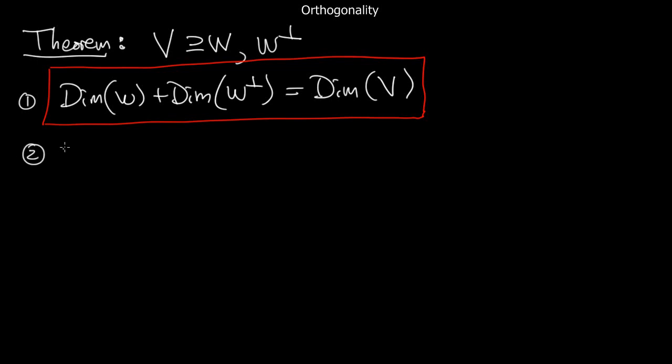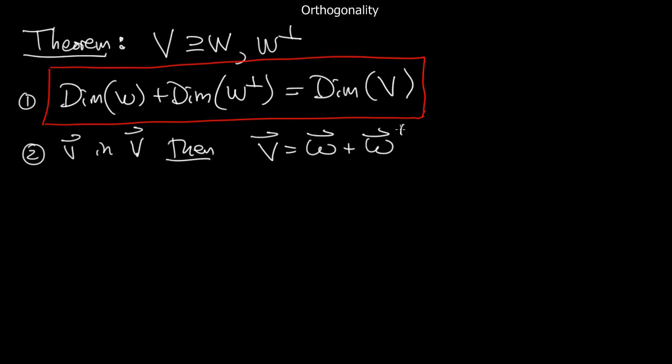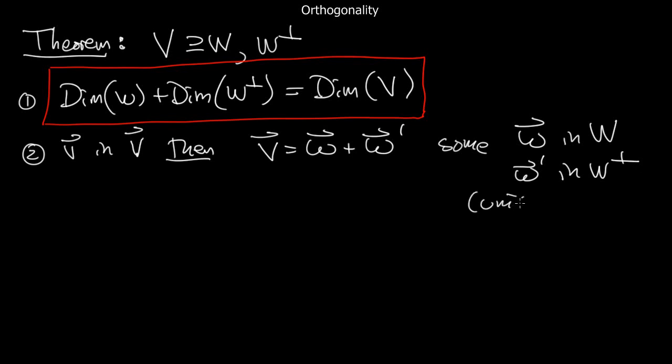And there's also a stronger property, which is that any vector in V can be written as a sum of a vector in W and a vector in W perp, actually uniquely. So w is in W and w prime is in W perp, and this is a unique decomposition.